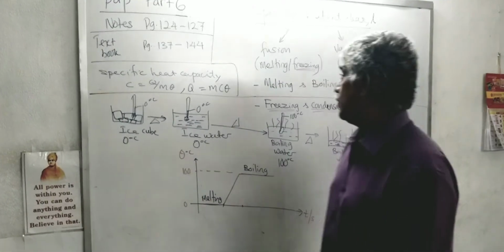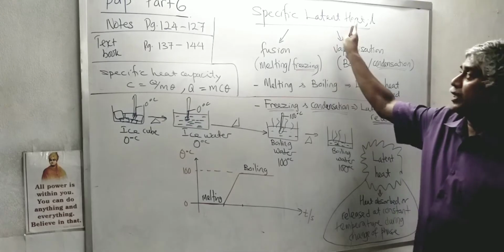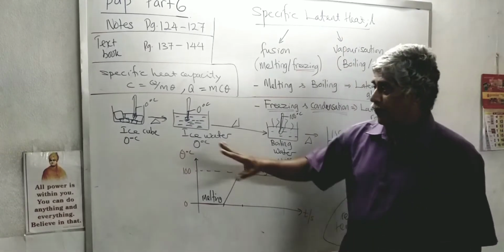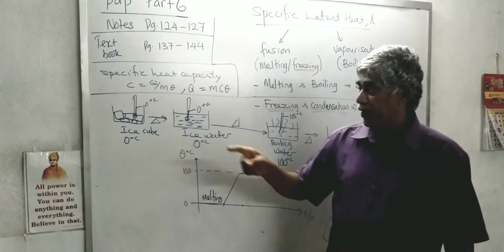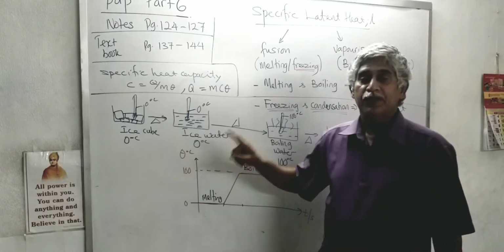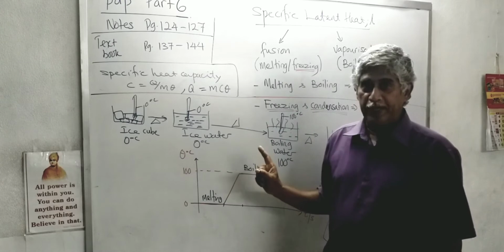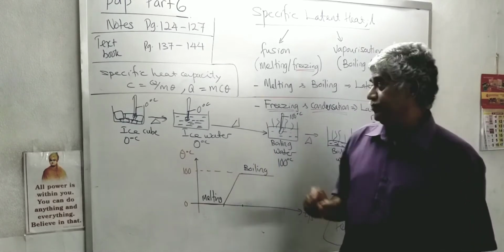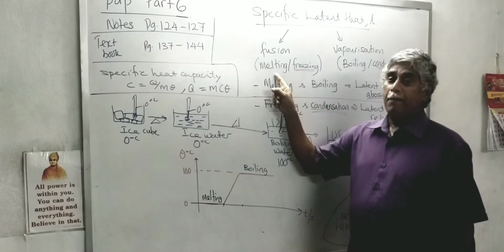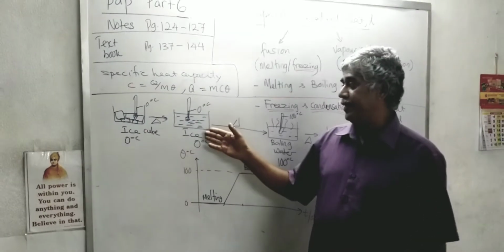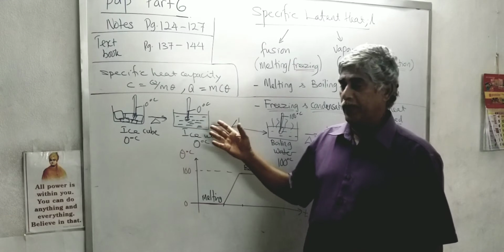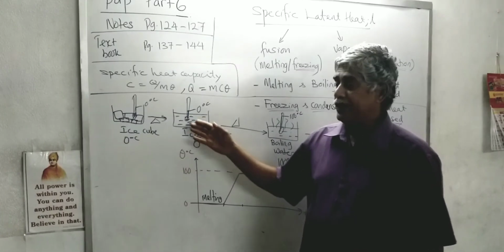If you look here, there are two types of latent heat. For this one we call it latent heat of fusion. That means the amount of heat required by the ice to change phase without changing temperature. We call that melting. And of course, when you reverse the process, say you put water in the refrigerator, it will turn into ice.